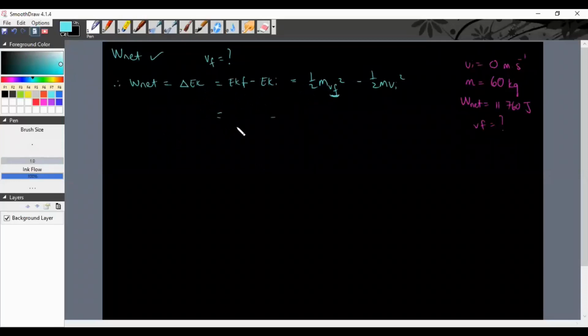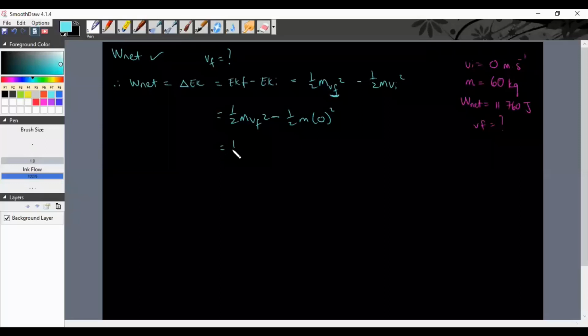So, a good thing to notice, maybe to simplify this, because I know that's 0: half mvf all squared minus half m vi squared. I know the value of vi was 0, which simplifies it to just half mvf squared, of course.